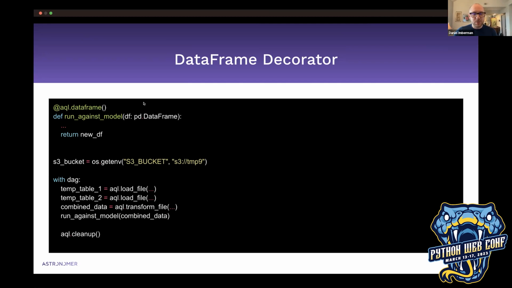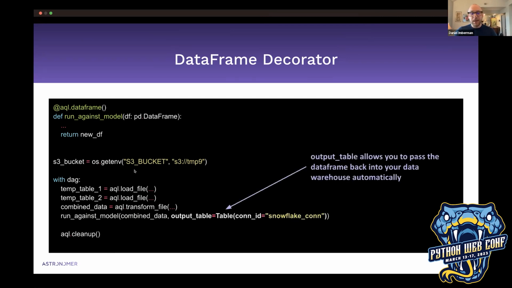Because you use the typing system to say that this is a data frame, the Astro SDK automatically knows how to extract that data from Snowflake back into a Pandas data frame, where you can then run whatever modifications and queries you want, and get the resulting data frame that you need. And you can even pass that result back into a Snowflake table. So you have this ability to pull data from SQL into Python, and back into SQL with very little extra code.